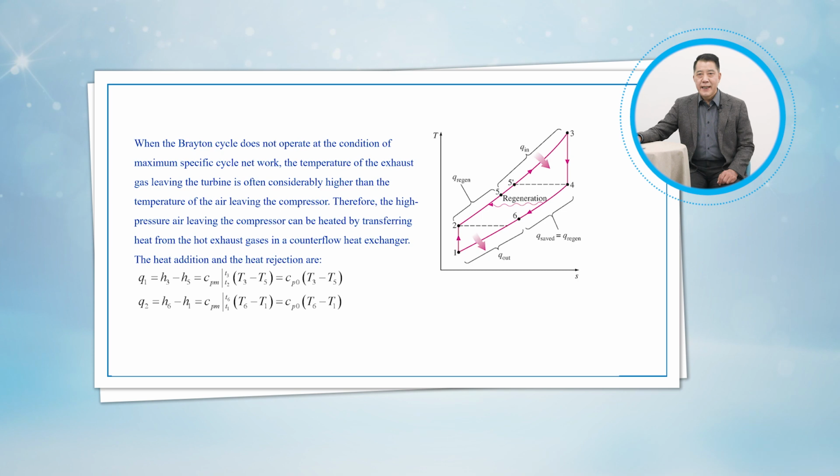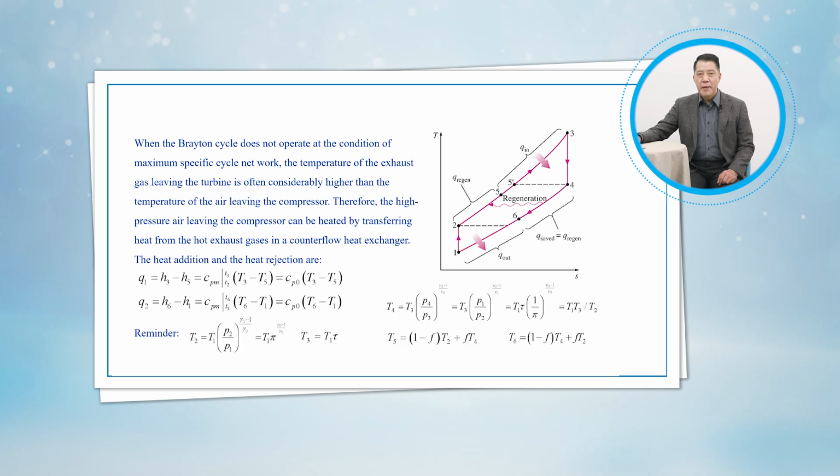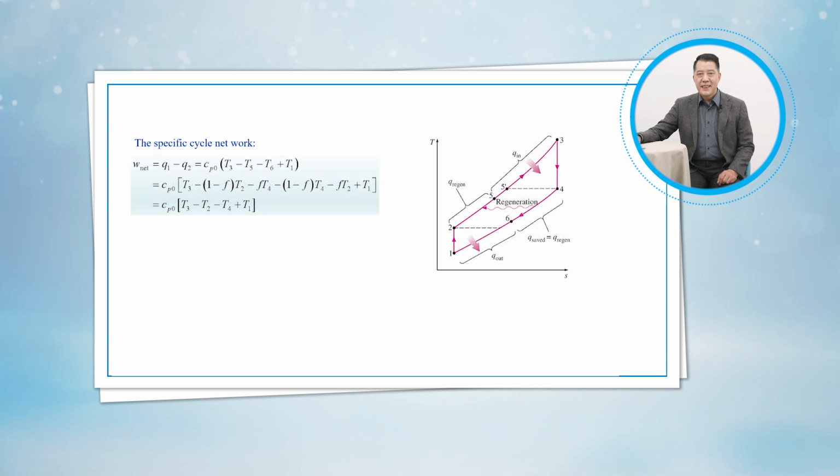Let's check the heat addition and the heat rejection. By definition, we have: based on the process, the temperature for each state is. Look at this expression of the cyclic specific network for the Brayton cycle with regenerator, equation 10.66.